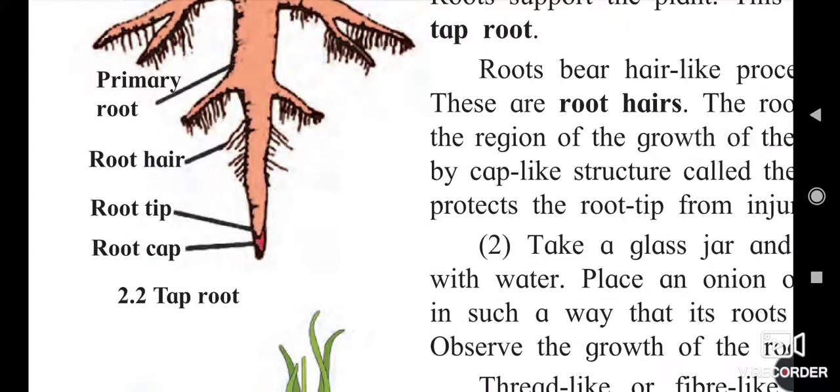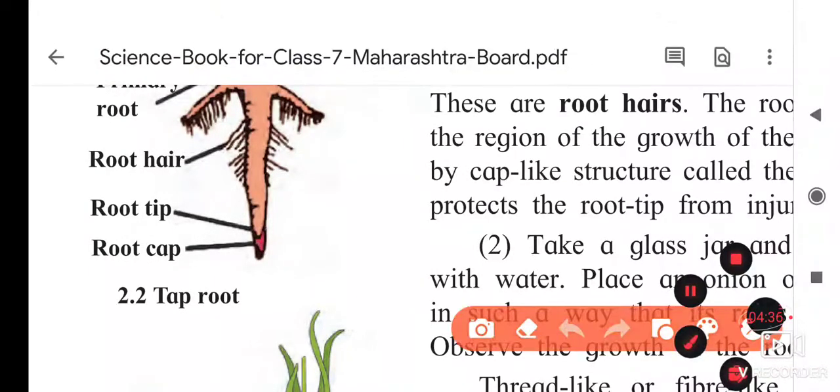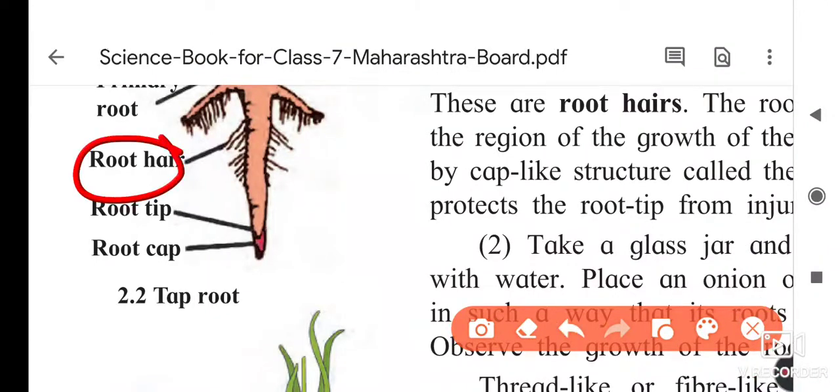Below that, after the root hairs, at the conical end of the root there is a root tip, and after that a root cap which protects the root tip.